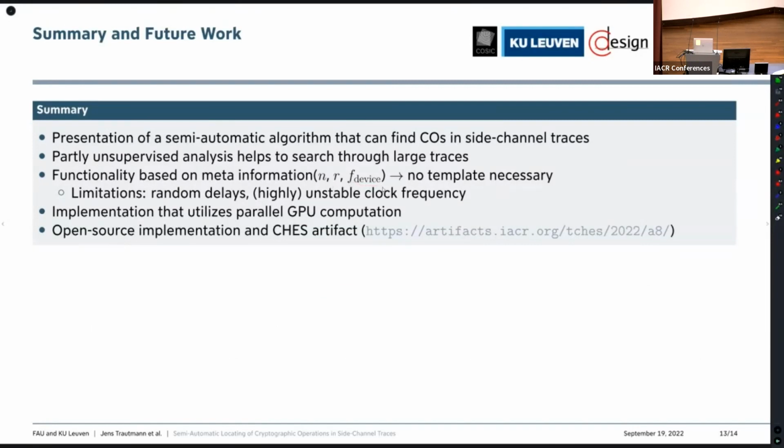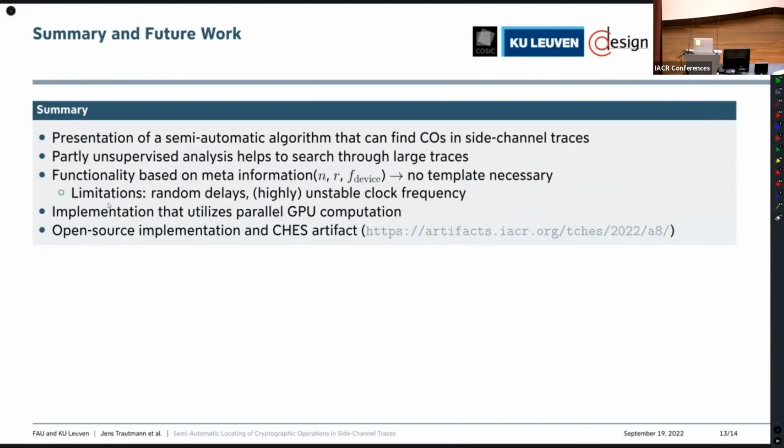But we don't really need a template as we have in other approaches, which means that if we want to re-evaluate the device, we don't need to record a new template because we can just use the same meta information and still find the cryptographic operations. Limitations are, of course, random delays, unstable clock frequency, and dummy rounds that get inserted into the implementation, so everything that messes with the round structure.